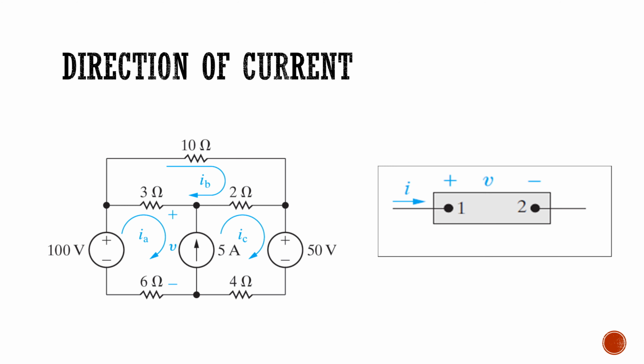For example, let's say the current i sub B is equal to 3 amps. So we'll assign this a value of 3 amps. The direction of flow is given as from left to right.